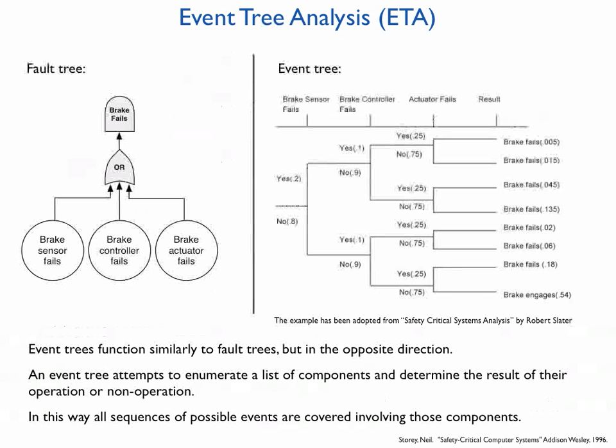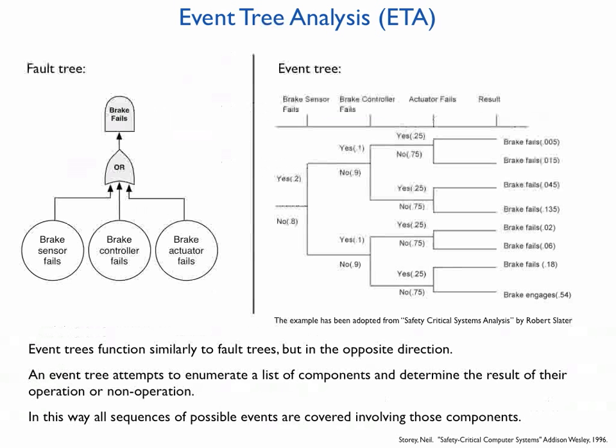Okay, and in this slide you can see the comparison of fault tree and event tree. In the fault tree we are talking about the brake system, and this system can fail if the brake sensor fails, or the brake controller fails, or the brake actuator fails.